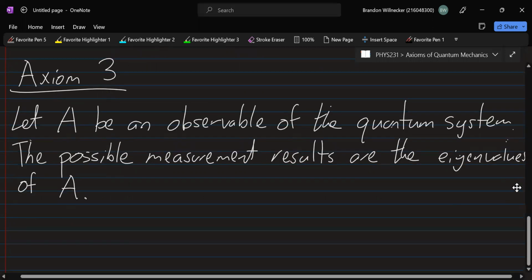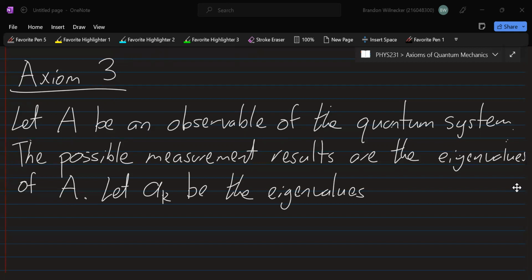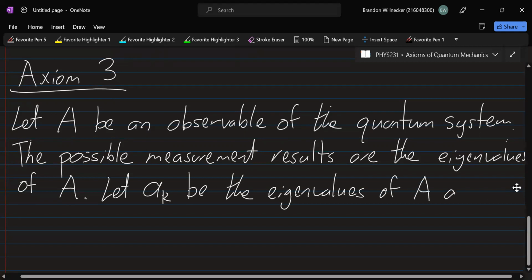So let A_k be the eigenvalues of A. We know that this A_k is a possible measurement value.